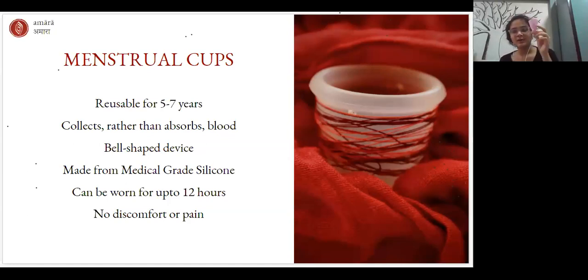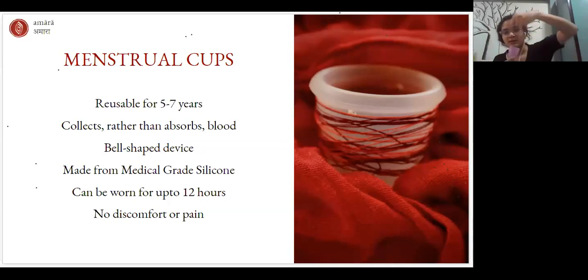I'll talk about how to use the cup now. Basically, the cup works on the principle of suction or vacuum. The cup is supposed to sit around your cervix. When we talked about the anatomy, the cervix is the opening of the uterus. This is where the blood comes out of.